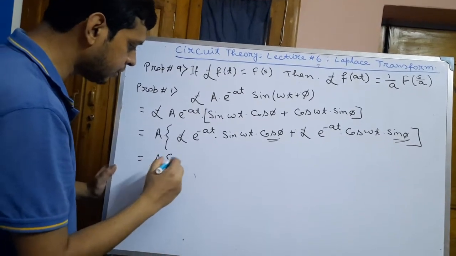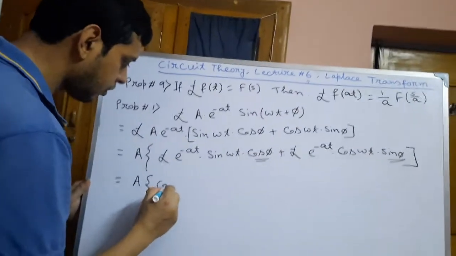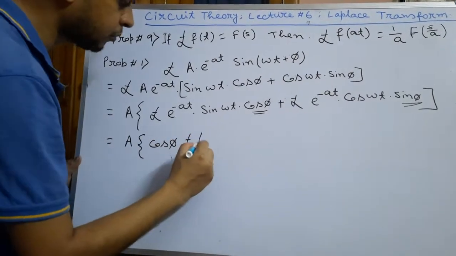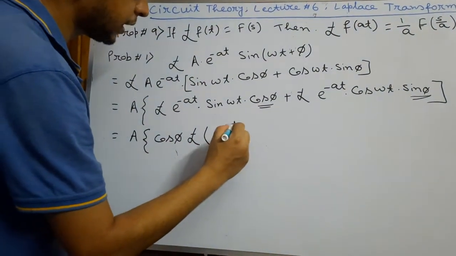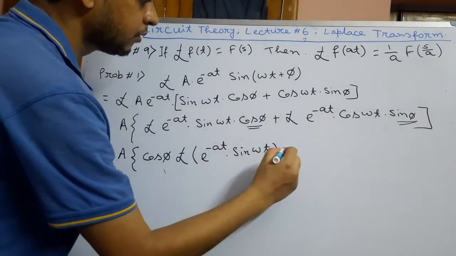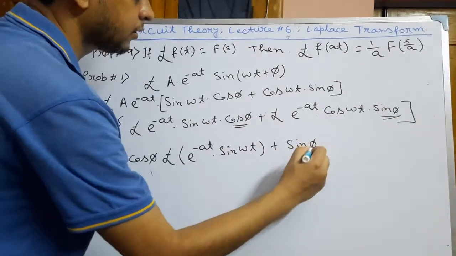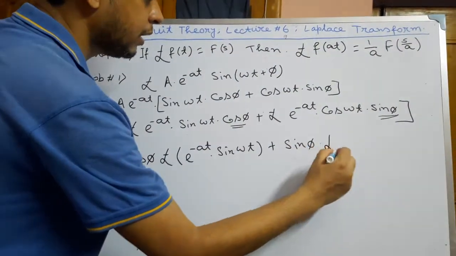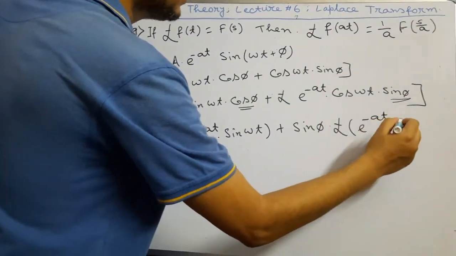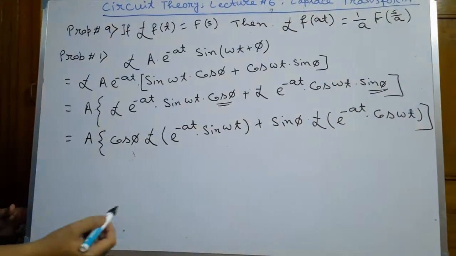So we get a into cos phi into Laplace transform of e to the power minus at sin omega t plus sin phi into Laplace transform of e to the power minus at cos omega t.